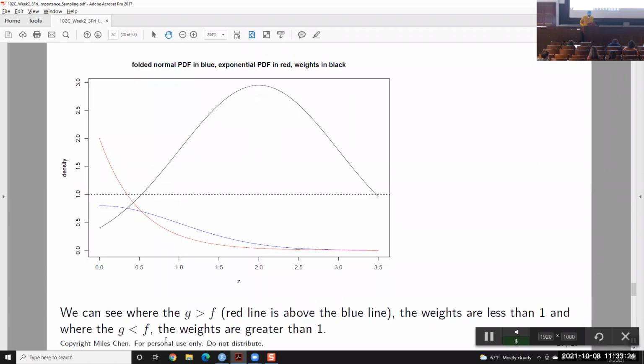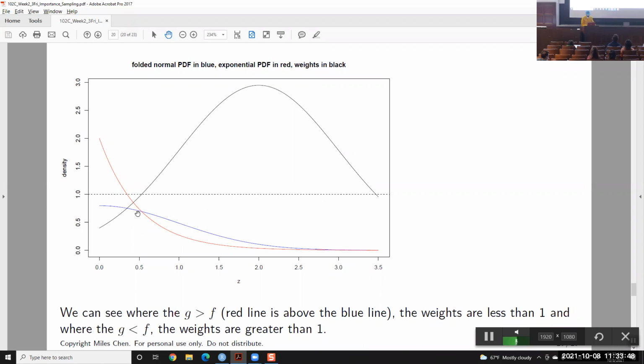Okay. What we have here in blue is half of the normal distribution, but made twice as tall. So this is the PDF of the normal distribution.